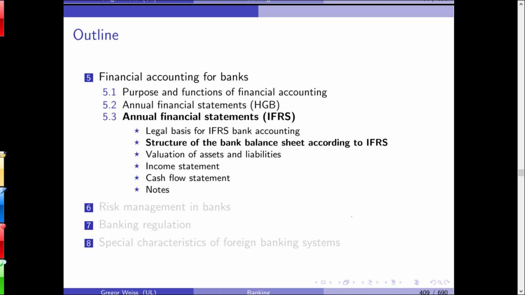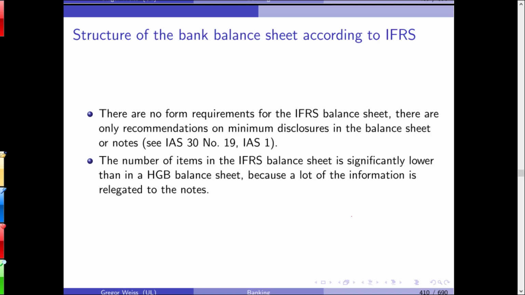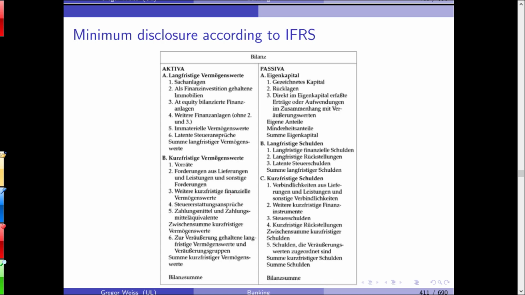Now, what does the balance sheet look like according to IFRS? There are no form requirements like we've seen under the German Commercial Code. However, there are some recommendations on minimum disclosures in the balance sheet, for example IAS 30, number 19. And the number of items in the IFRS balance sheet is significantly lower than in a balance sheet under the German Commercial Code, because a lot of the information is relegated to the notes and the appendix.